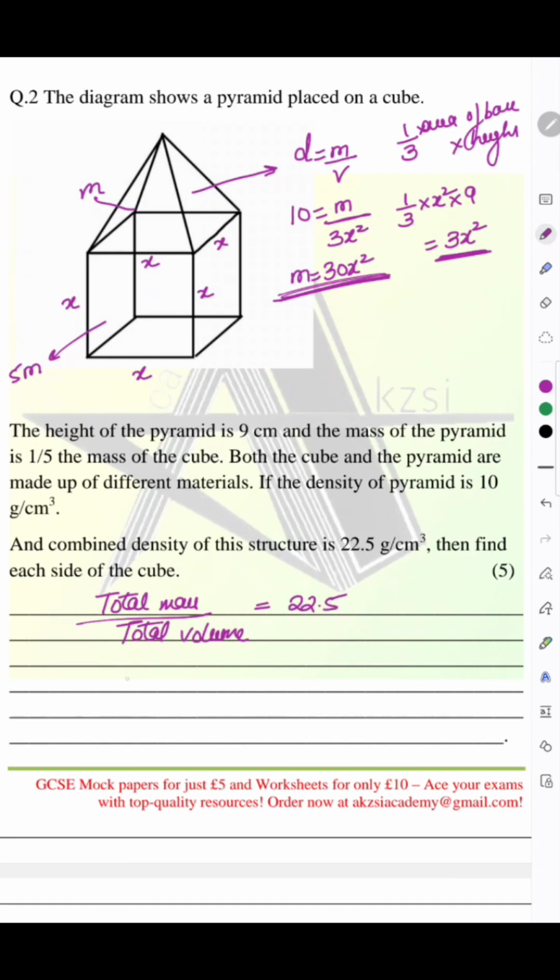Total mass: m be the mass of the pyramid and 5m be the mass of the cube, over the volume of the pyramid, which was 3x squared. And we know the volume of a cube is length times width times height, which is x times x times x, that is x cubed. And this is equal to 22.5.